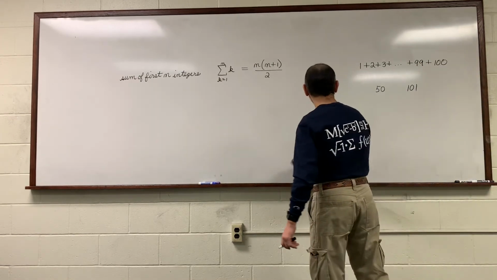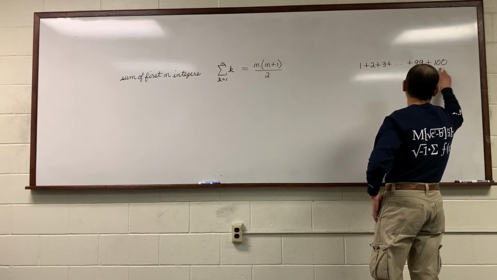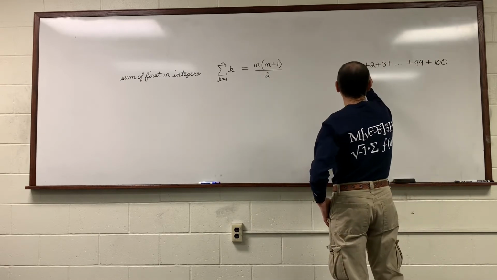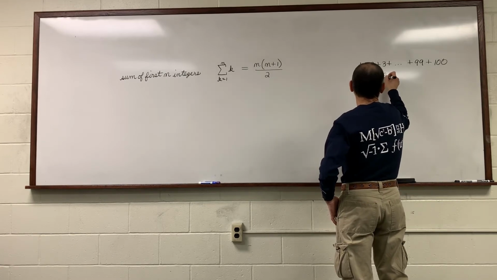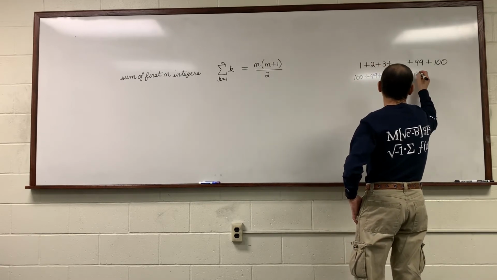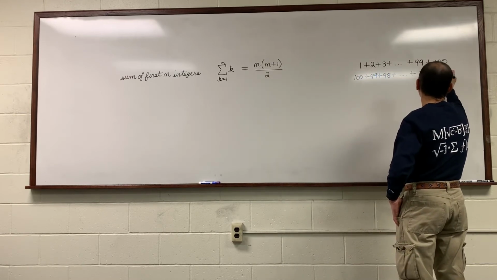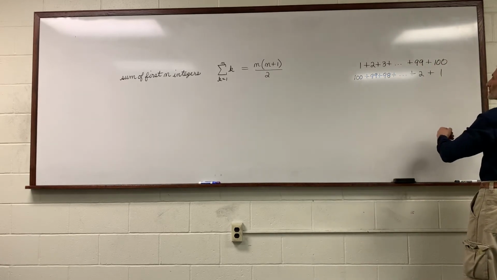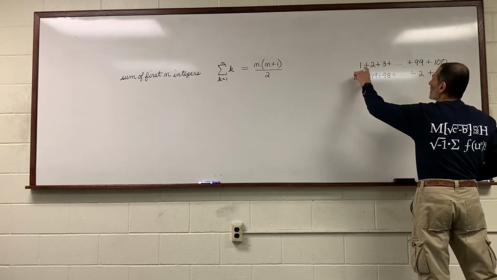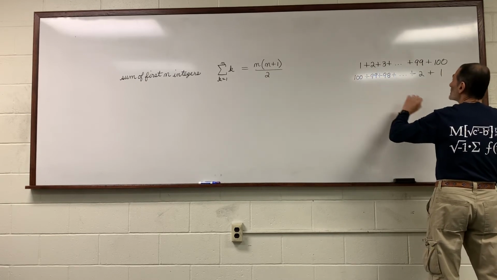Another way to look at it is to say, well, suppose I had these and I decided, hey, let's write them backwards and see if that helps. In this case, you have 100 columns, each of them with a sum of 101. 100 times 101.